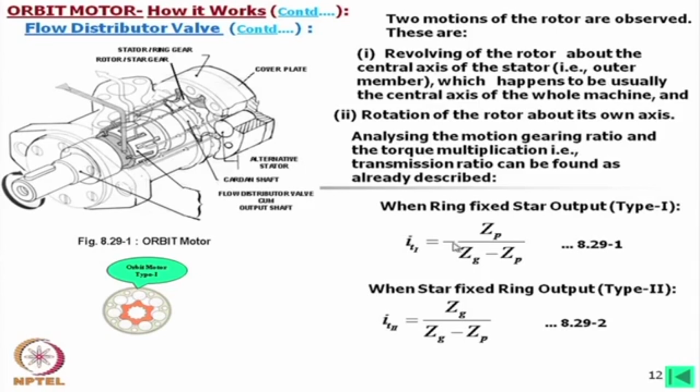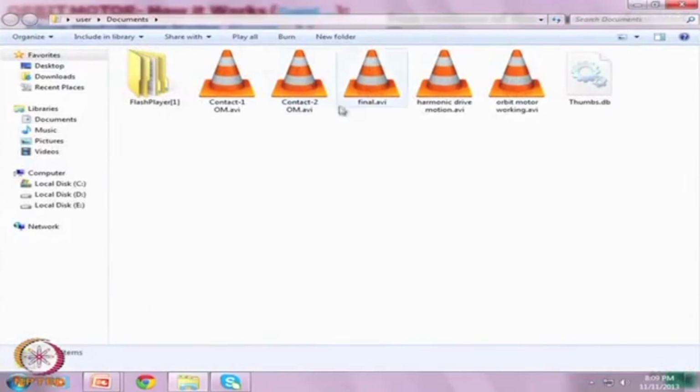Only here there is a minus sign, that means the revolving action and the output motion are in opposite directions, whereas a plus sign means the revolving action and the rotation are in the same directions.